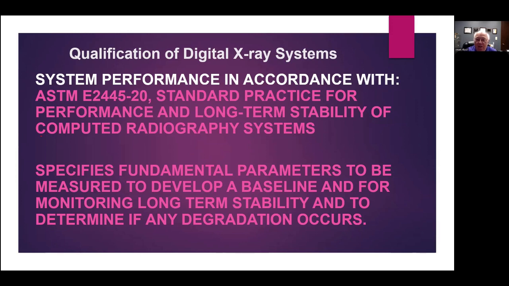One is the manufacturer's method, which is the E2446. But if you're going to do it yourself, it's E2445. And that's the practice for performance and long-term stability. And this gives you all the requirements that have to be measured for a baseline and then for monitoring the system as you use it.